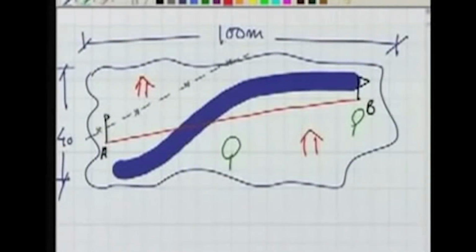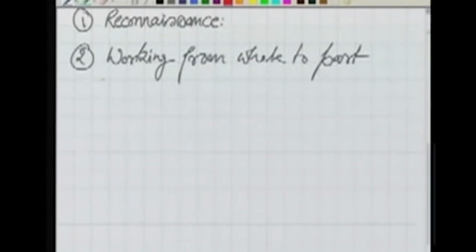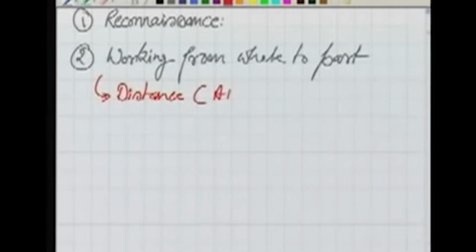So you will need to do the ranging, and by doing the ranging we measure the distance between A and B. So one important step here is the distance or the length AB measurement. You can measure it using tape or using chain.